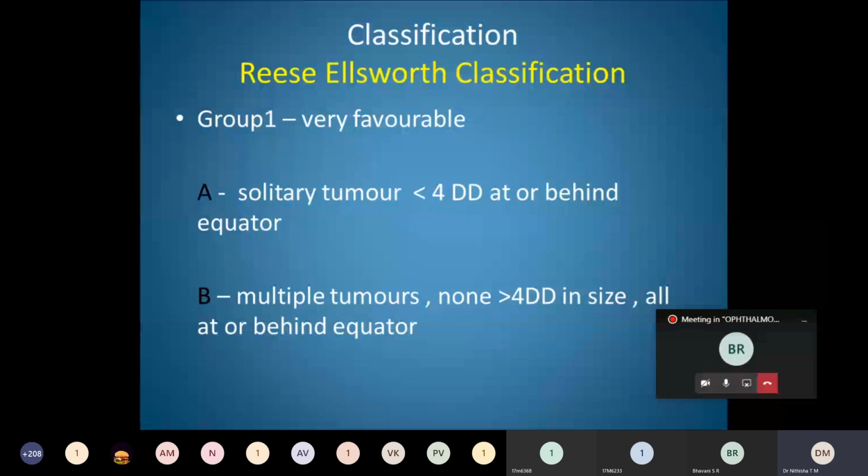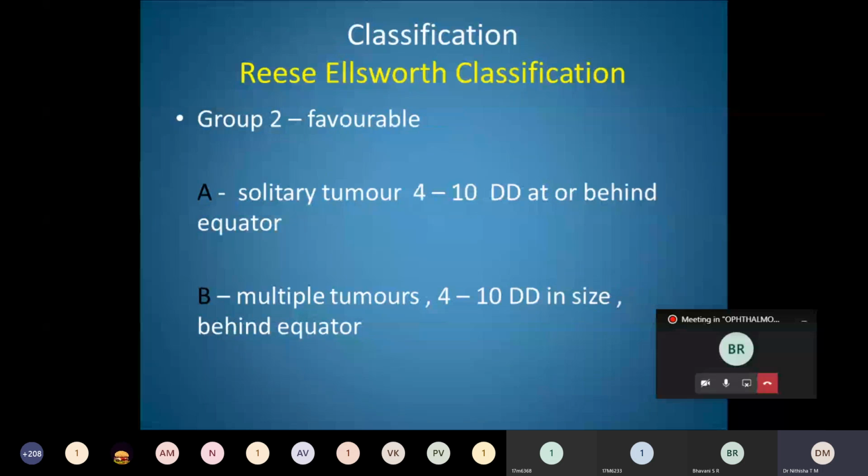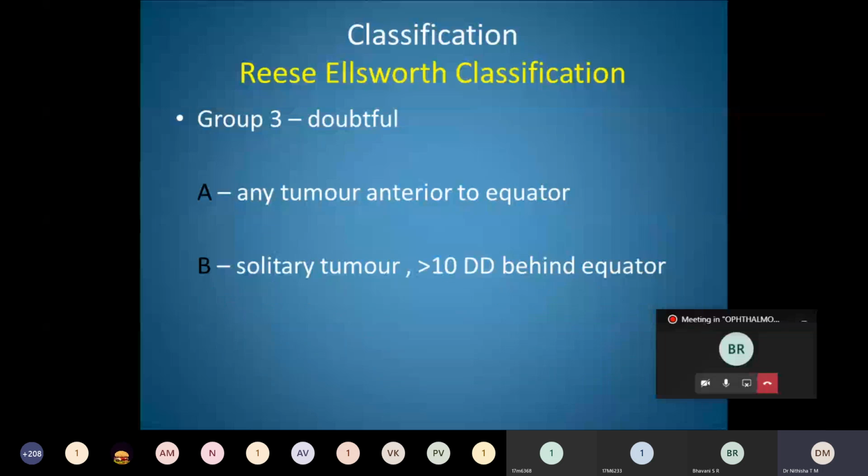B is multiple tumors, none more than 4 disc diameter in size, and all at or behind the equator. Group 2 is favorable. Group 2A, there is a solitary tumor 4 to 10 disc diameter at or behind the equator. B is multiple tumors 4 to 10 disc diameter in size behind the equator.